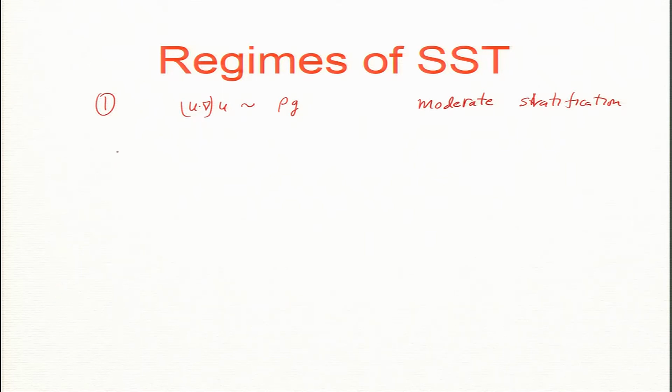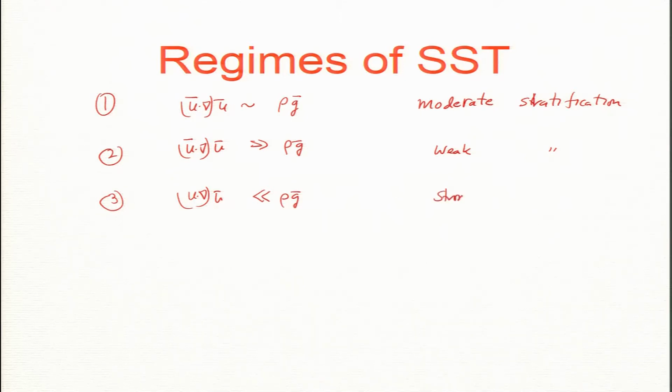Second, if u dot grad u is much bigger than rho g, this is called weak stratification, because gravity is weak. And third is the other way around: u dot grad u is much less than rho g, so it is strong stratification.